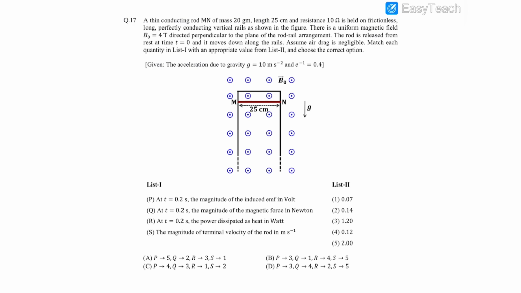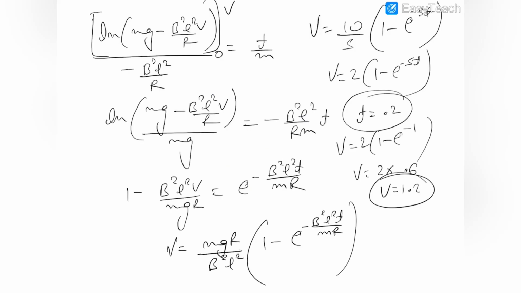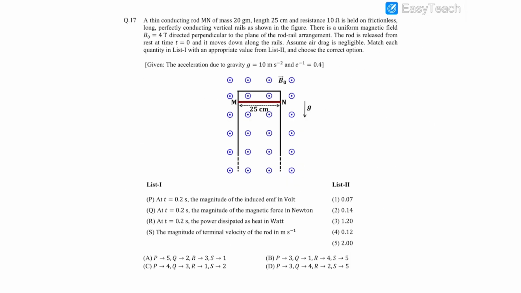So first of all, let us write down the equation of this rod. Now, we know that initially the rod was at rest, and at some time t, a force mg would be acting on the rod in the downward direction, and the magnetic force, which is ILB, would be acting in the opposite direction, and this is equal to ma.